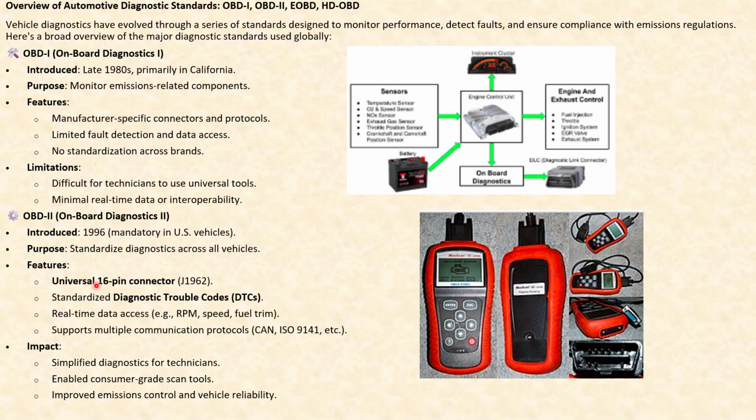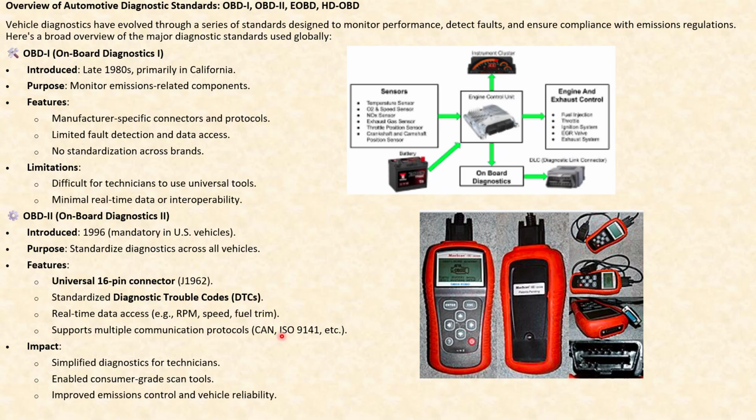I have an elaborate session outlined for understanding this connector. We will discuss that when we come to the respective chapter. Again, standardized diagnostic trouble codes are an important feature, as is real-time data access like RPM, speed, fuel trim. This is an important part of onboard diagnostics.